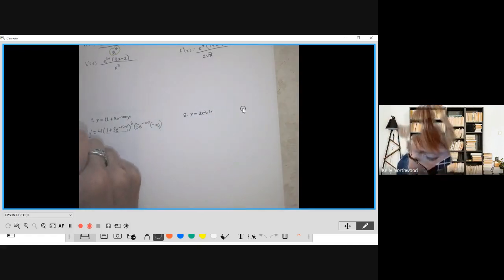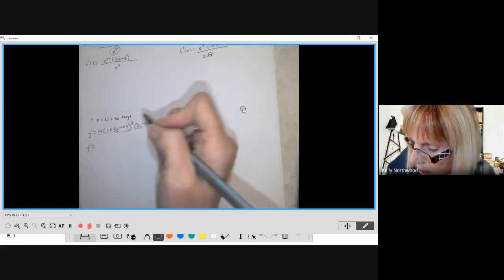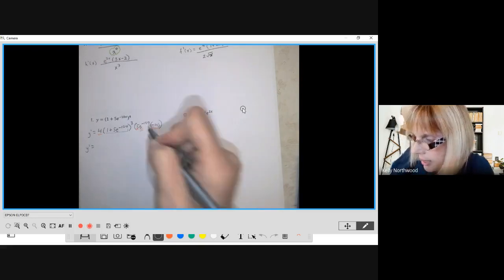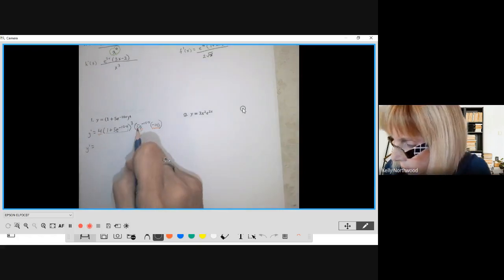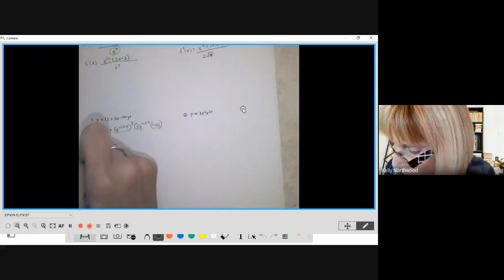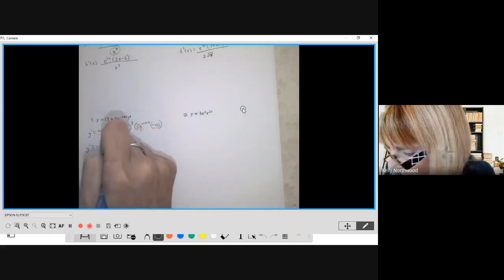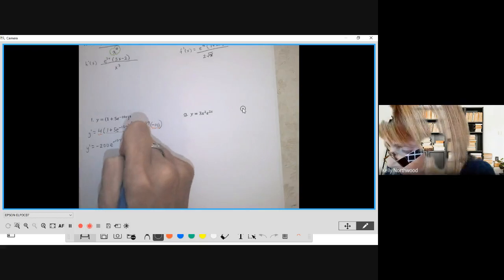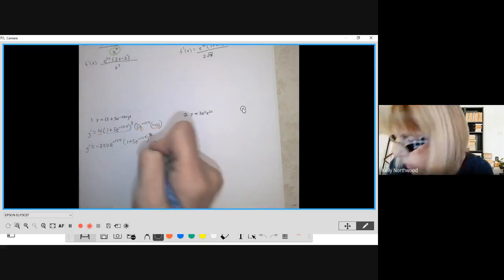And then just to make it look a bit nicer, I can multiply the 4, the 5, and the negative 10, and the e to the negative 10x and put that out front. So that's going to be negative 200 e to the negative 10x times 1 plus 5e to the negative 10x cubed.